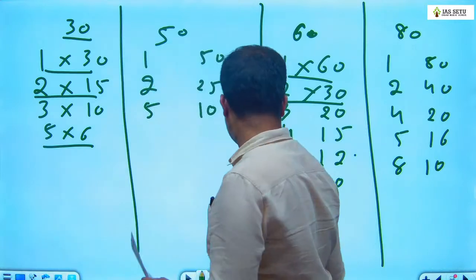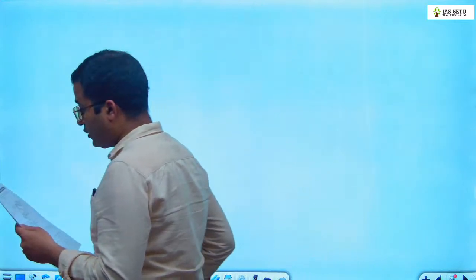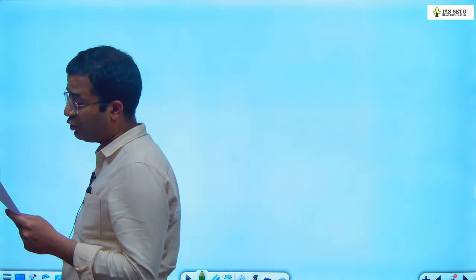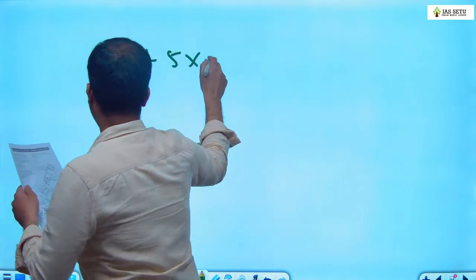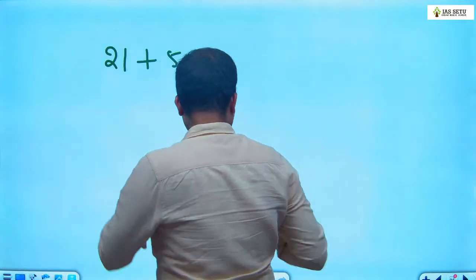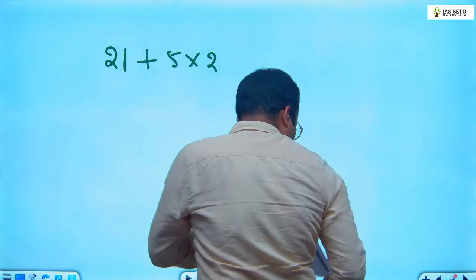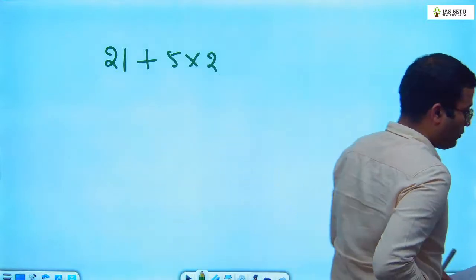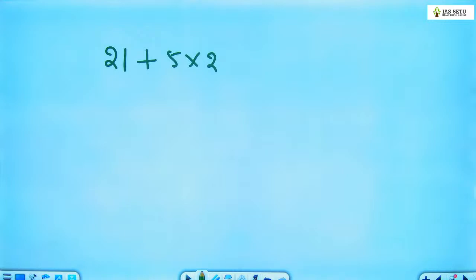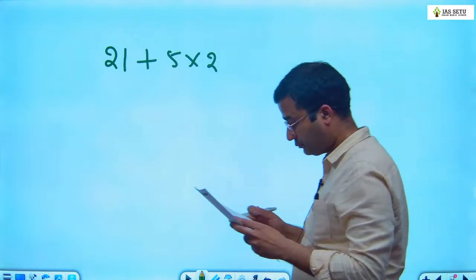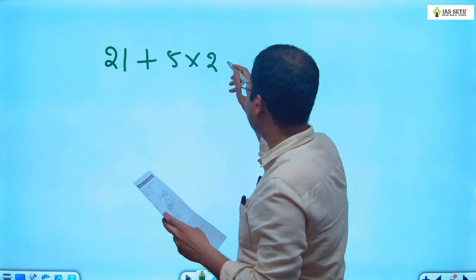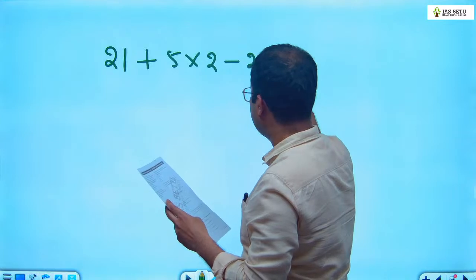Question number 6. Which of the two signs should be interchanged in order to make the following equation correct? 24 plus 5 multiply with 2 minus 21 divided by 3.